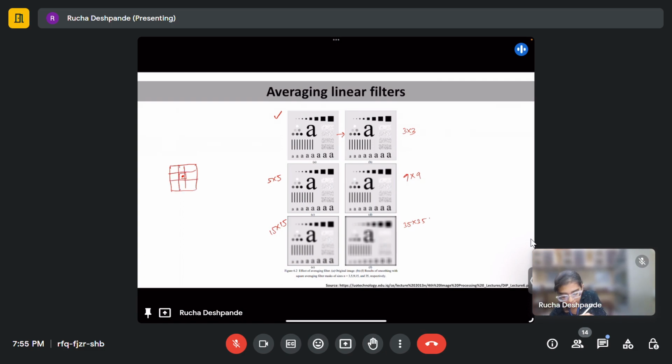For 3 cross 3, this value is an average of all these values. Then this value would be an average of all these values. So there will be a lot of averaging. Because of that, the image becomes less sharp. There is more smoothening effect, because all the pixel values will be in the same range only. The variation in the original image will get reduced.